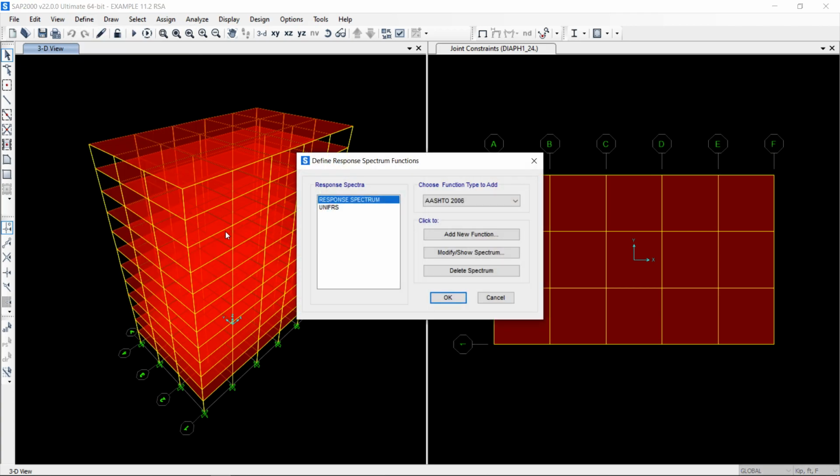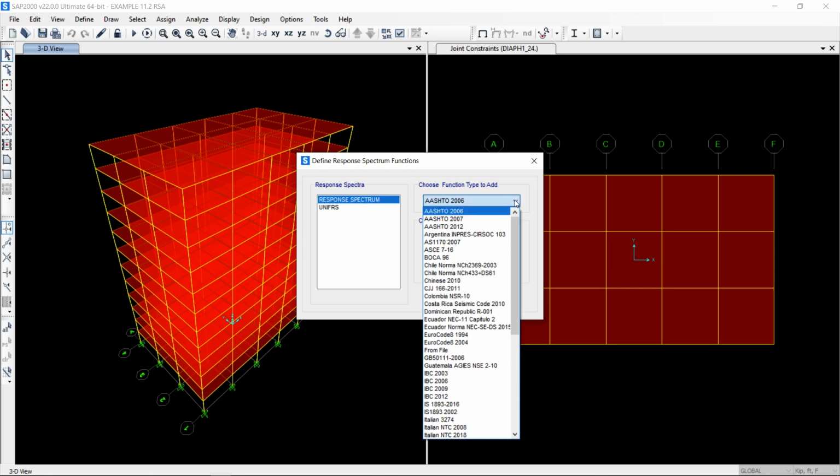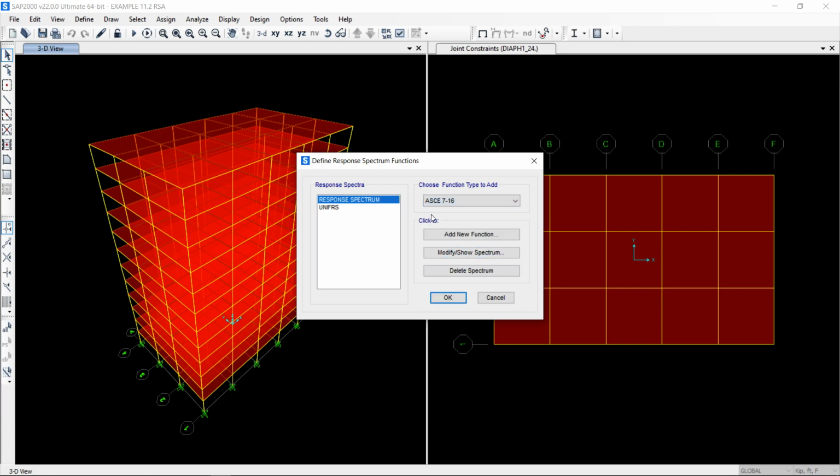So let us define the response function first. Since we are following ASCE 7-10, it should be based on ASCE 7-10. 7-10 is not there, so IBC 09 or IBC 12 will be the same, or we can even take 7-16, it will have no impact. So let's take the 7-16.